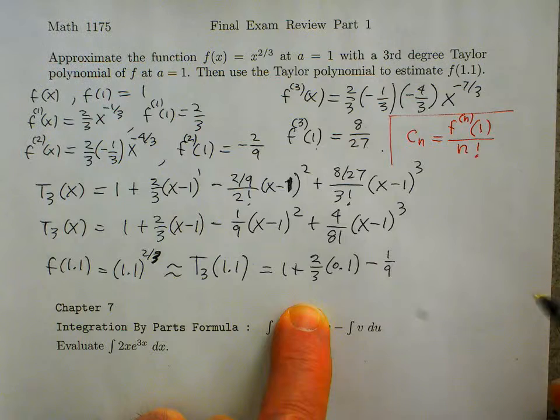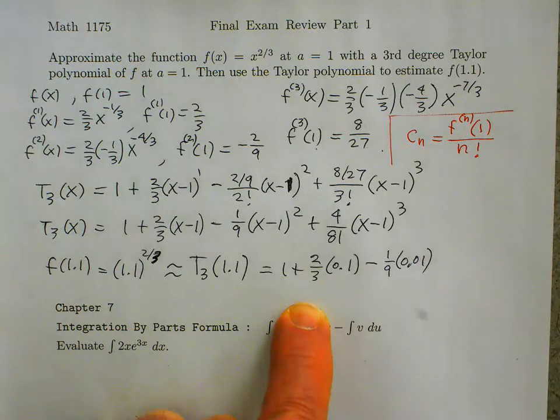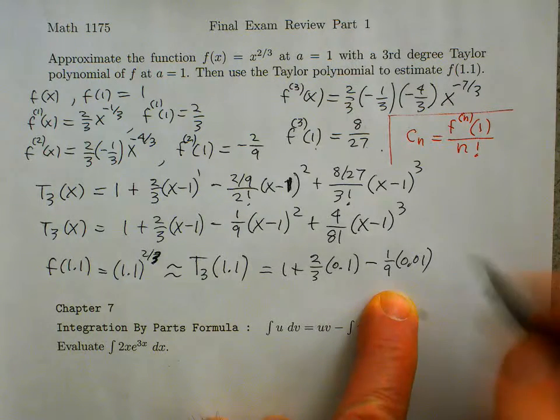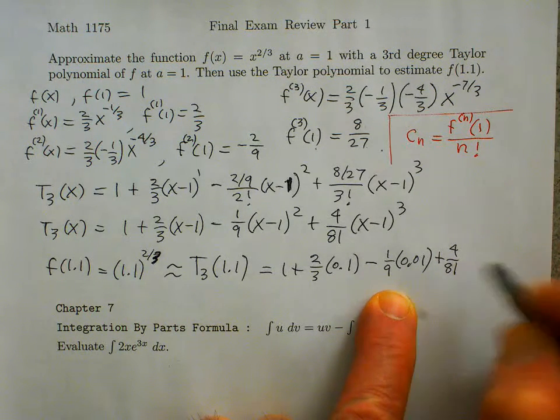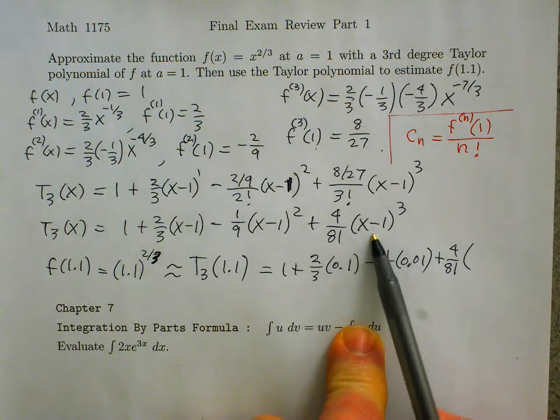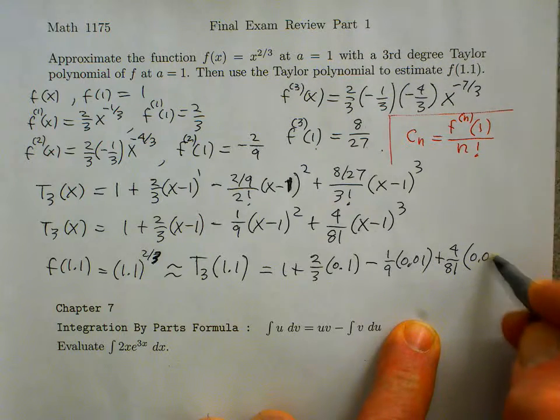So 0.1 squared is just 0.01, right? And then the last term, plus 4 over 81, and 1.1 minus 1 is 0.1, and 0.1 to the third is 0.001.